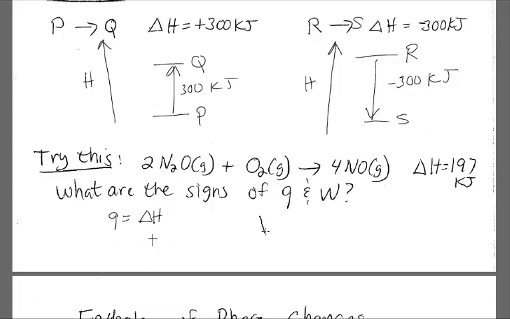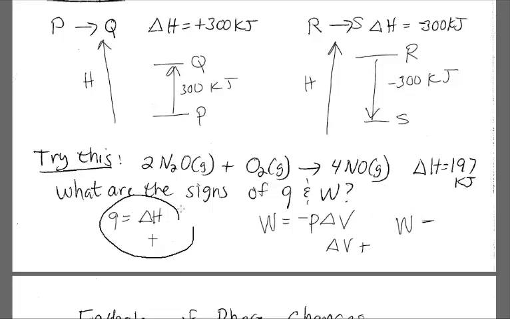Work, you may recall, was minus P delta V, and we did say we were going to not look at work much more, but I wanted to remind you of it. You have 2 moles of gas, another mole of gas, so 3 moles of gas in the reactants going to 4 in the products. So that's an increase in gas, which means delta V is positive, which means W is negative. So we have Q positive and W negative.